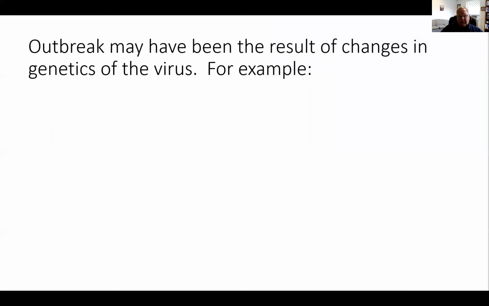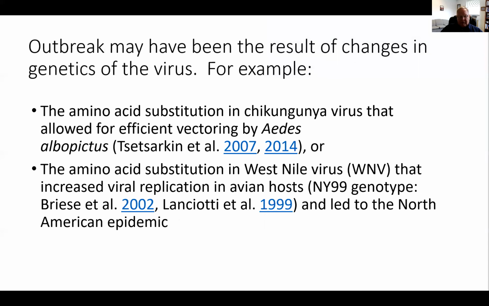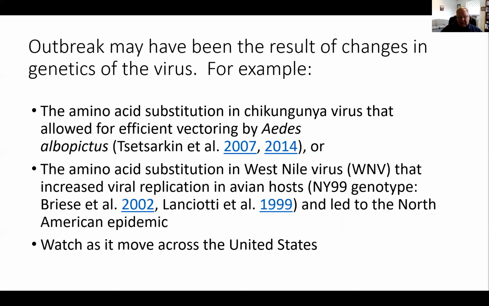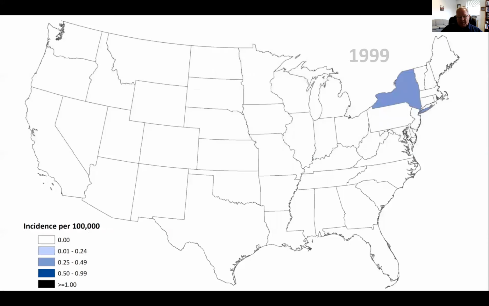It may have been a result of changes in the genetics of the virus. For example, an amino acid substitution in the chikungunya virus allowed for effective vectoring by the Aedes albopictus mosquito. An amino acid substitution in the West Nile virus increased viral replication in the avian host and led to the North American epidemic. Watch as it moves across the United States.